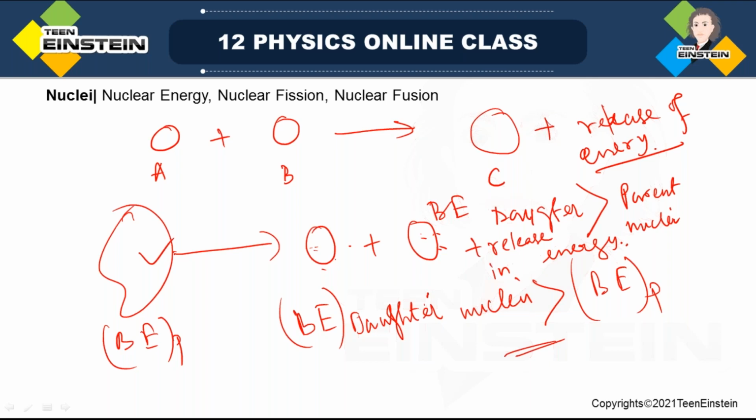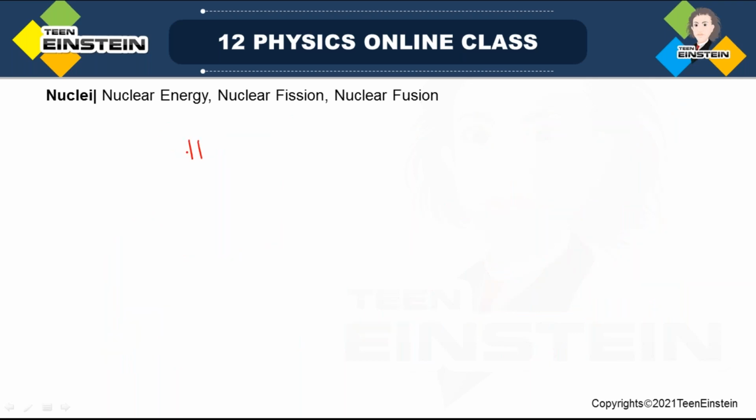Okay, I'll give you certain examples. Now you have to understand how binding energy varies from nucleus to nucleus. Suppose I take deuterium. Okay, deuterium has binding energy 2.2 MeV.